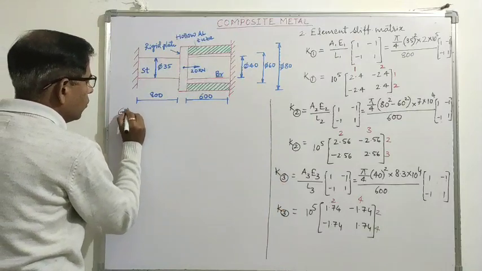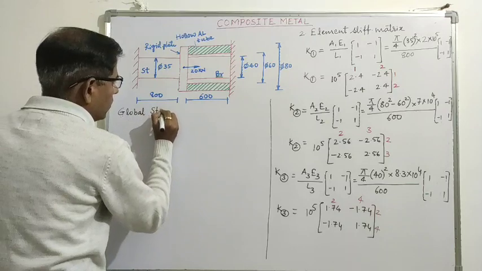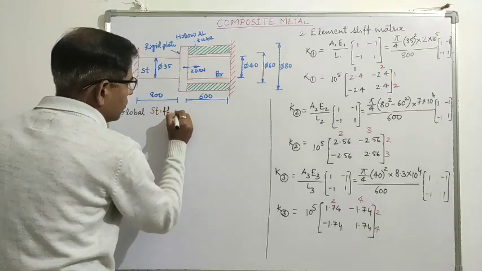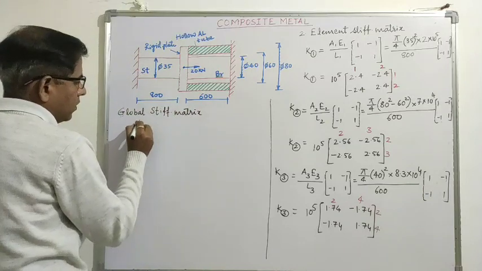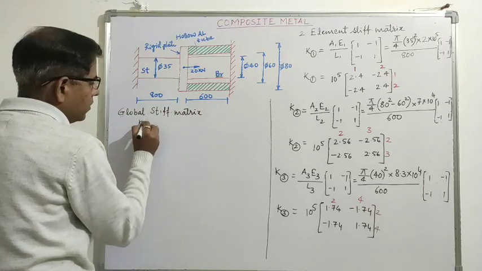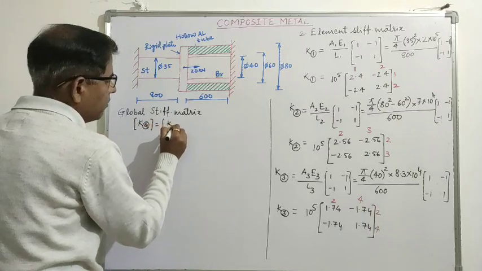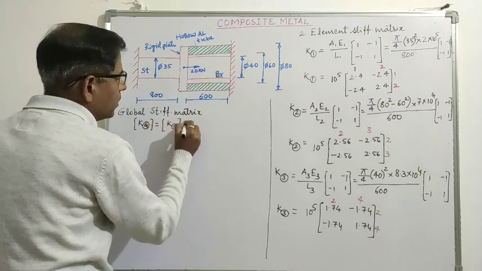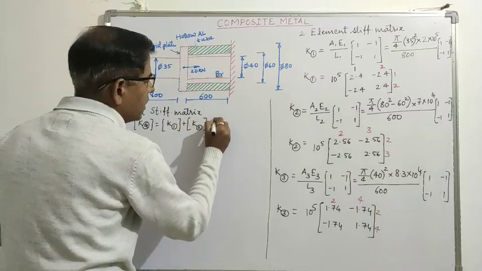So the global stiffness matrix Kg is nothing but K1 plus K2 plus K3.